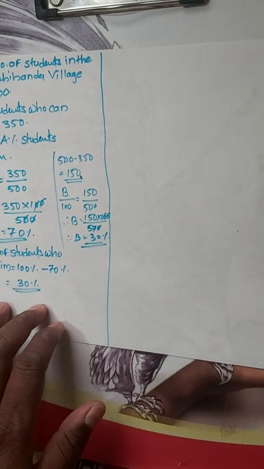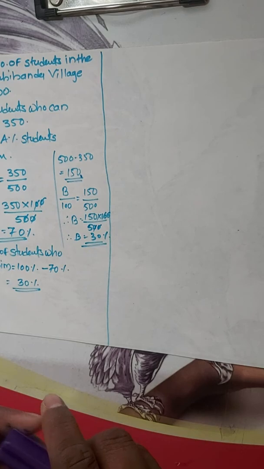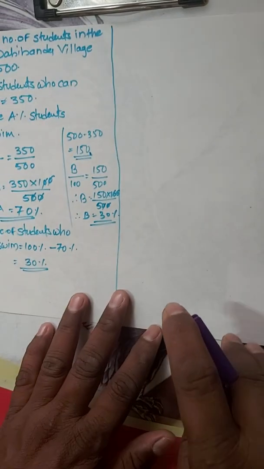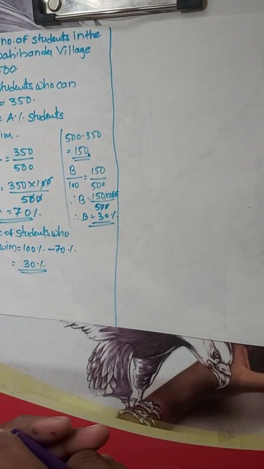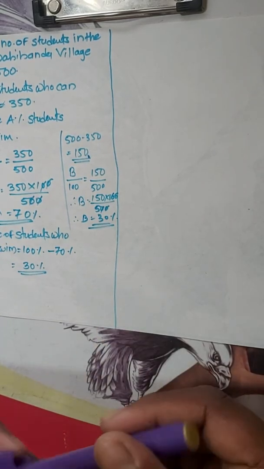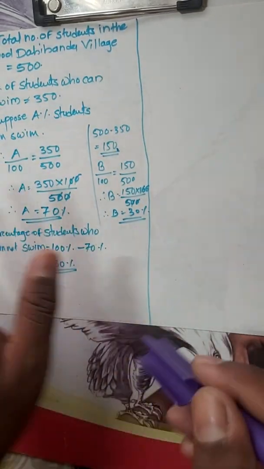So the third example is, I think this is simple students, this is for homework. You try to solve, I will just write the equation for you, the remaining things you have to write.